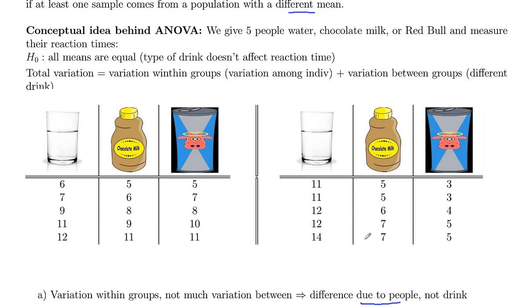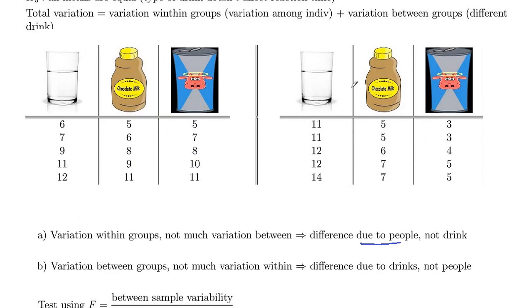Now, the other possibility here is that we see our scores here are very close. So 11 to 14, 5 to 7, and 3 to 5. So there's not much variation within the groups, but we do see a lot of variation here between the groups.